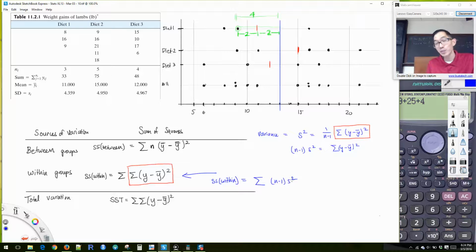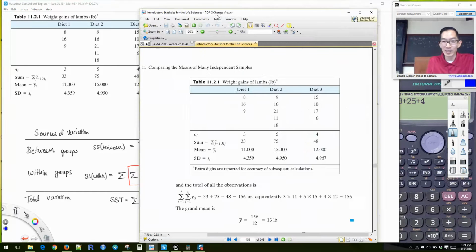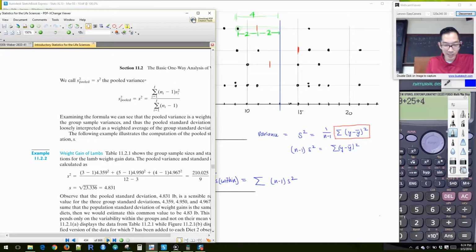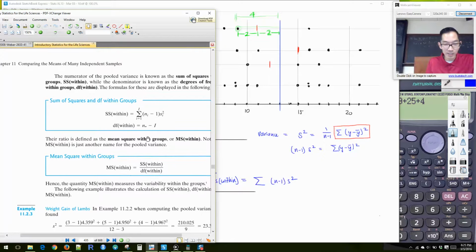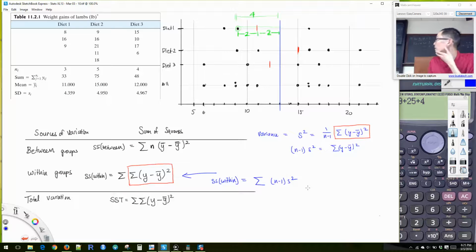The textbook might have written s squared times n minus 1, but let me double check here. Okay, yeah, n minus 1 s squared, SS within. So this is often how it's going to be written.